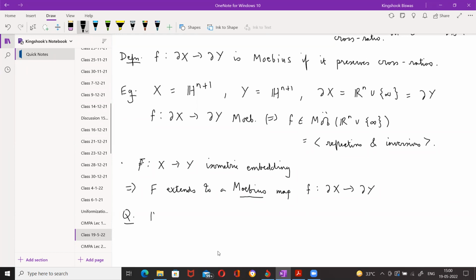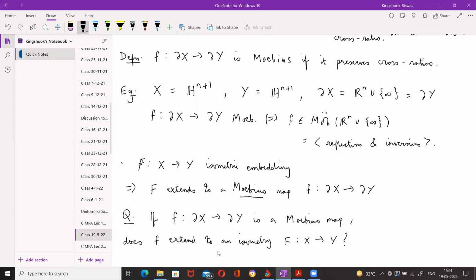So if f from boundary X to boundary Y is a Mobius map, does f extend to an isometry, capital F, from X to Y?